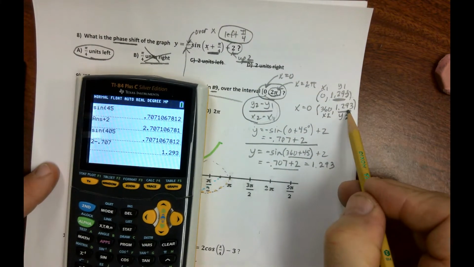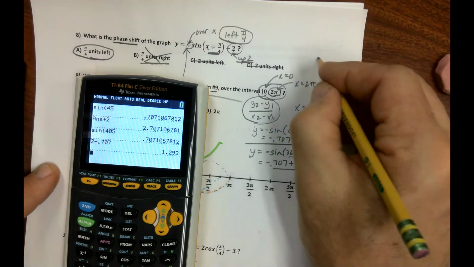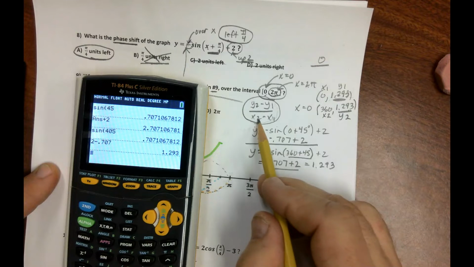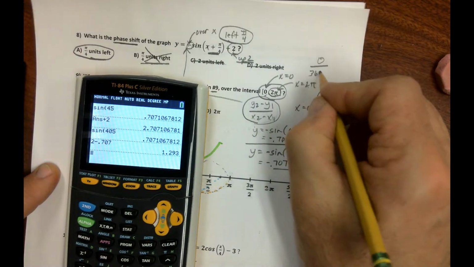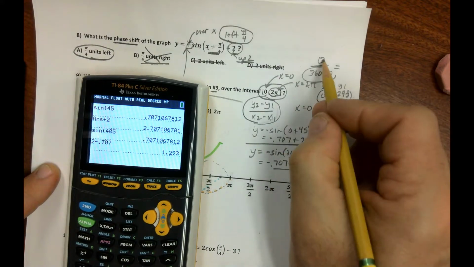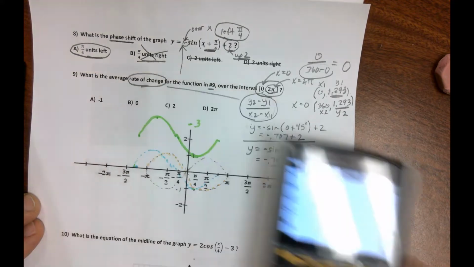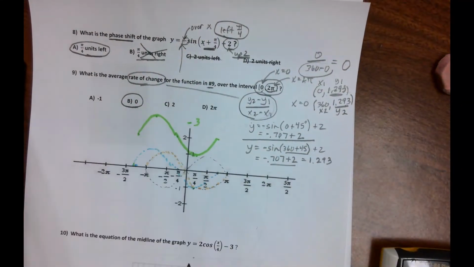So if I go y2 minus y1, anything minus itself is 0. So I get 0 in the top. In the bottom, I get 360, x sub 2 minus x sub 1. But it doesn't matter what this is. 0 over anything is 0. So there's my answer right there. That took a lot of work, but we got it.